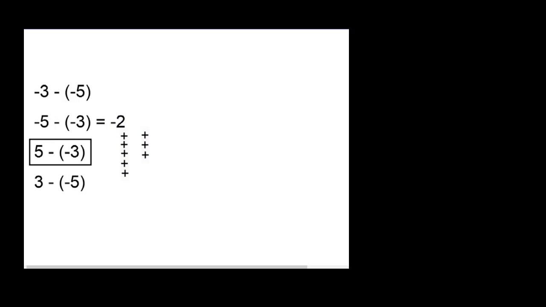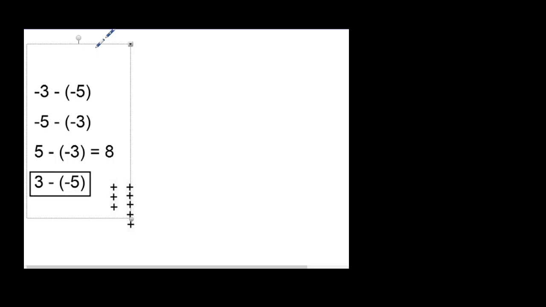What about 5 minus a negative 3? Well, again, 5 minus a negative 3 is the same as 5 plus a positive 3. So really here I'm combining a positive 5 with a positive 3. And if I combine positive 5 with positive 3, I'm going to get even more positives. So that's going to give me a positive 8.